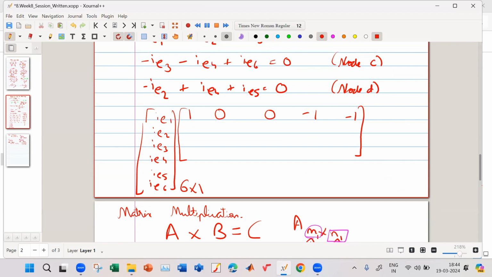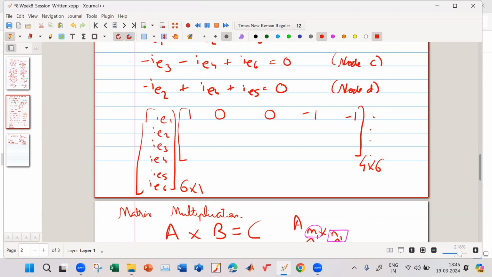And this one? 6 cross 6. This one is 6 cross 6. It is 4 cross 6, because there are 4 rows: 1, 2, 3, 4, four equations. So 4 rows.